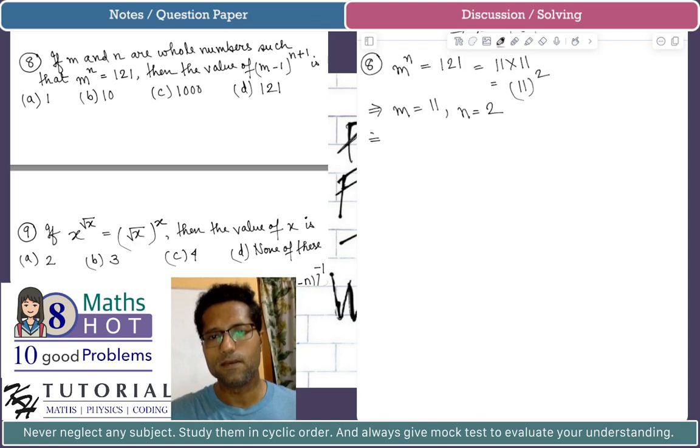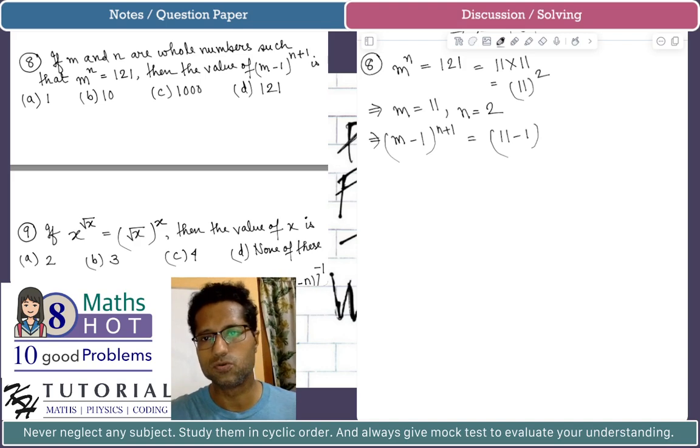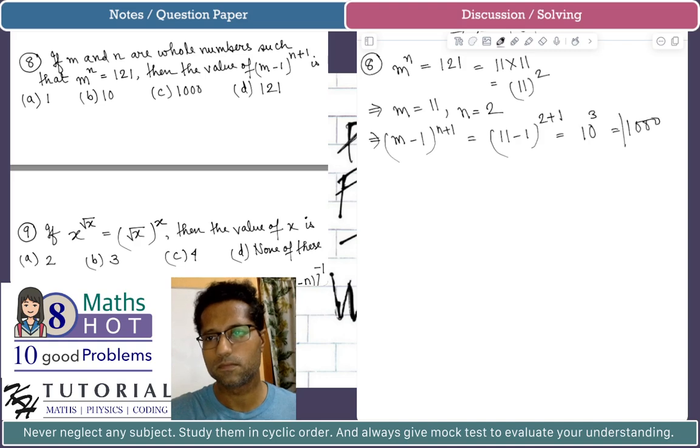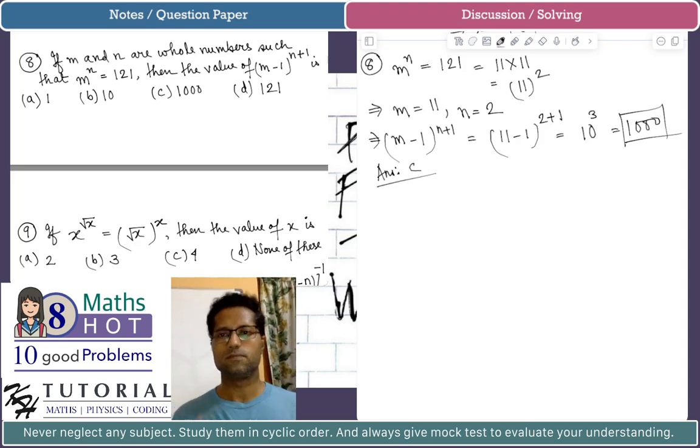This will imply (m minus 1) to the power n plus 1 is equal to (11 minus 1) whole raised to the power 2 plus 1. 11 minus 1 is 10. This is 10 to the power 3, and this is 1000. So the answer is choice C.